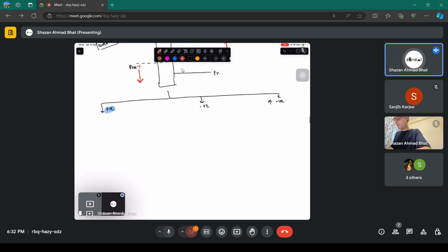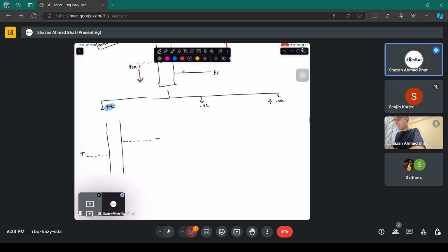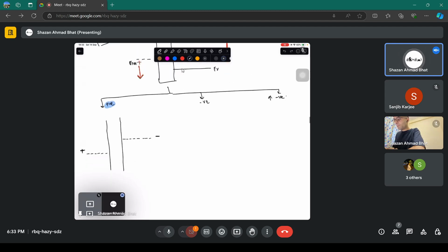What is going to happen now is that the Fermi level on the metal will drop, and the Fermi level on the semiconductor is going to rise, because you have applied positive here and negative here. The oxide is going to stay like this for now. Whatever happens in the conduction band and valence band of the oxide, there is also a bending in that region, but let's draw it like this for the time being.